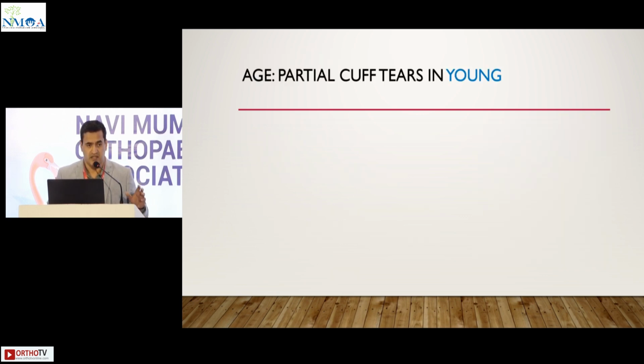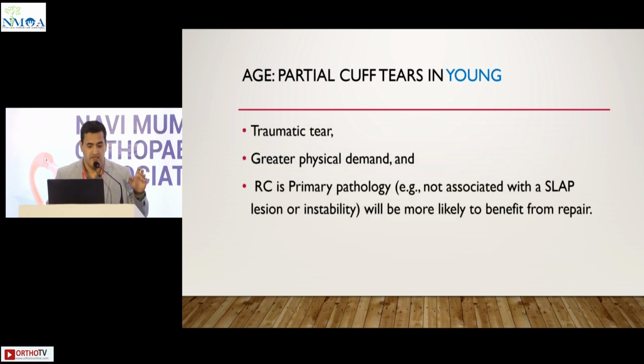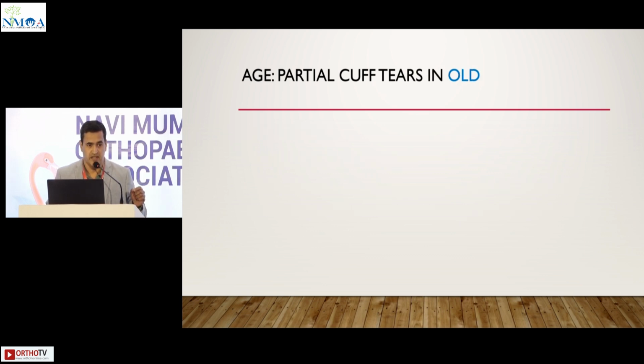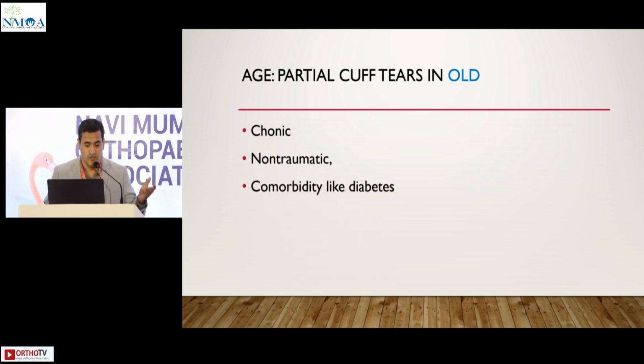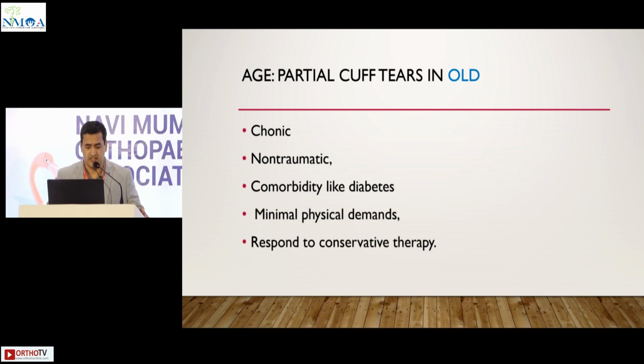Age-wise, a partial cuff tear in the young is a different scenario. They usually are traumatic, and in athletic patients, if the rotator cuff is the primary pathology, they will definitely need surgery. But in the Indian scenario, 70 to 80% of partial tears are chronic, non-traumatic. They are comorbid, like diabetes, with minimal physical demands. They are happy with their homely activities. So a lot of them respond to conservative therapy.